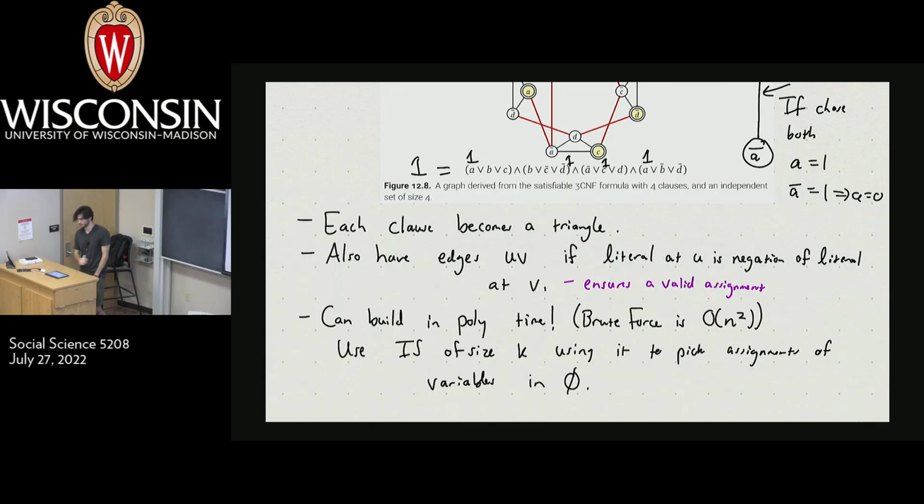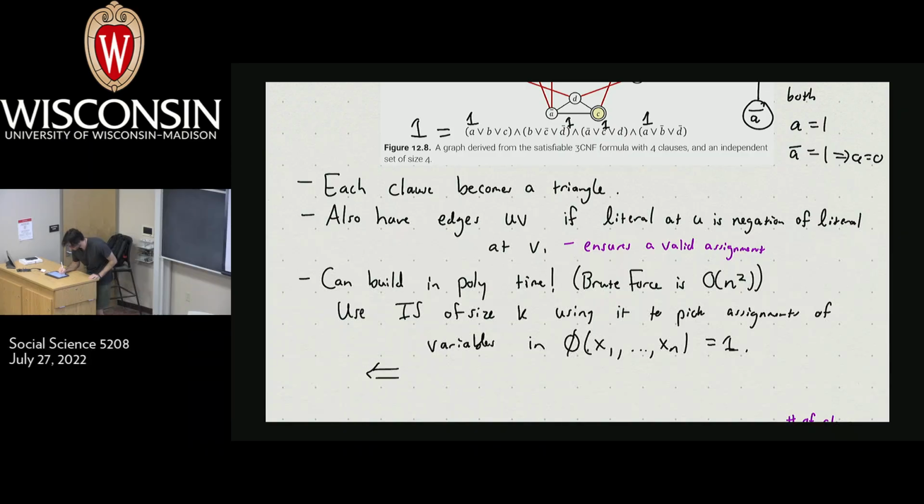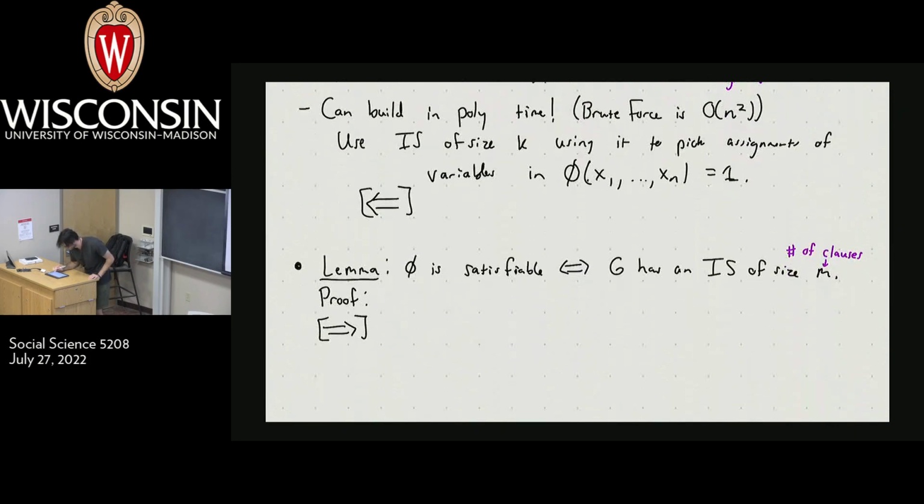And in particular, if we have an independent set of size k, the specific choice of variables we pick will make it 1. So phi of x1 to xn will actually be equal to 1. So this is essentially the only if direction of the proof. If we have a solution to independent set, we can get a solution to the SAT problem.